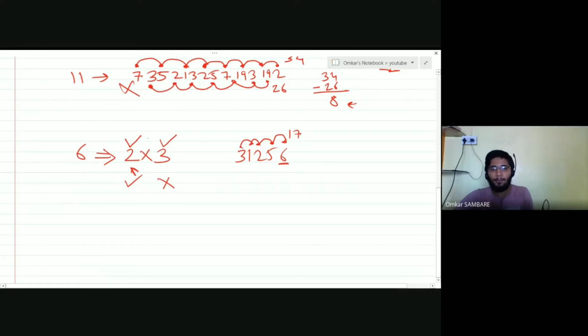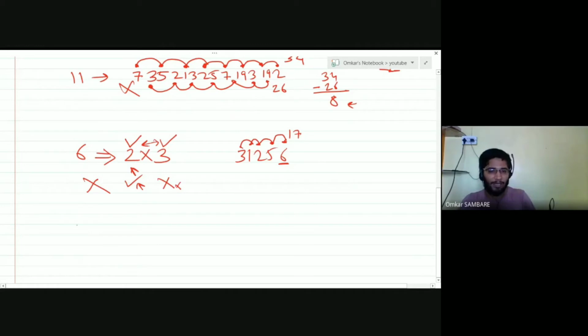We need both, not just one. Here it is divisible only by 2 and not by 3, so the number is not divisible by 6. If it is divisible by both numbers, then it will be divisible by 6.